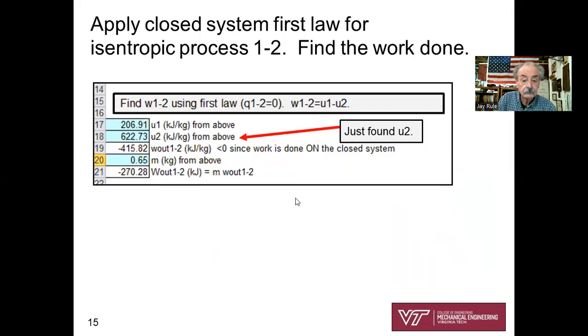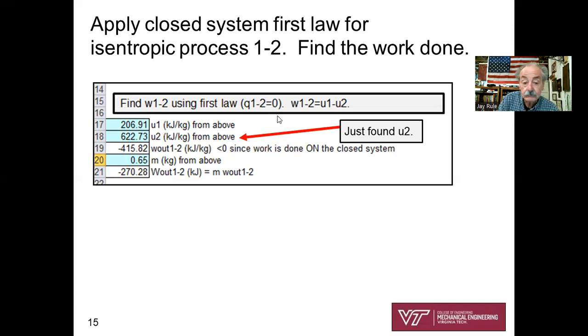All right, so now process 1 to 2 is reversible and adiabatic, key. We can use the first law then to find the work done from 1 to 2. We wrote down U1, we wrote down U2, we have the mass. Okay, so the little U1 minus little U2 is negative 415.8.